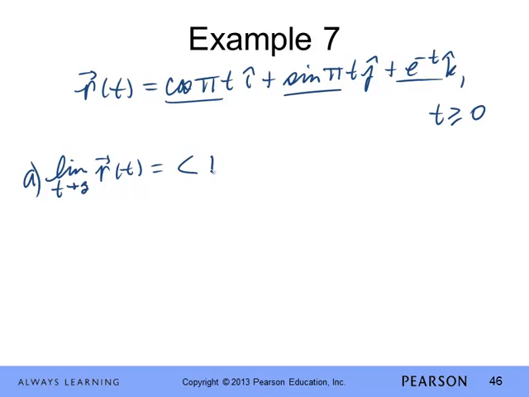Okay. And what about sine of 2 pi? 0, okay. And then the exponential function is nice and continuous everywhere. What is the exponential at 2, right? So we have e to the negative 2, whatever that is. It's just some small number.